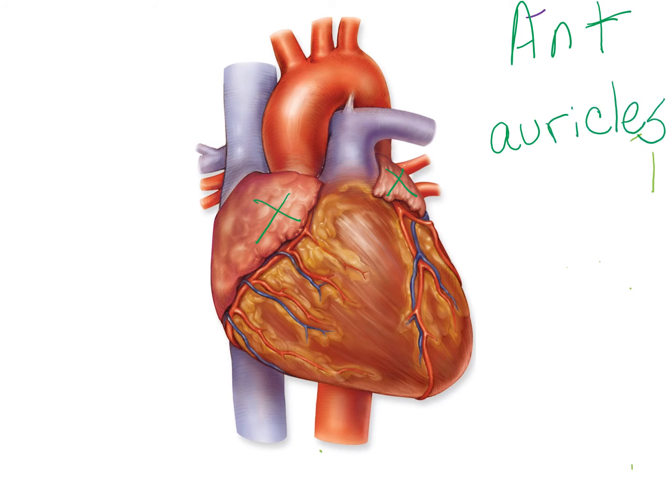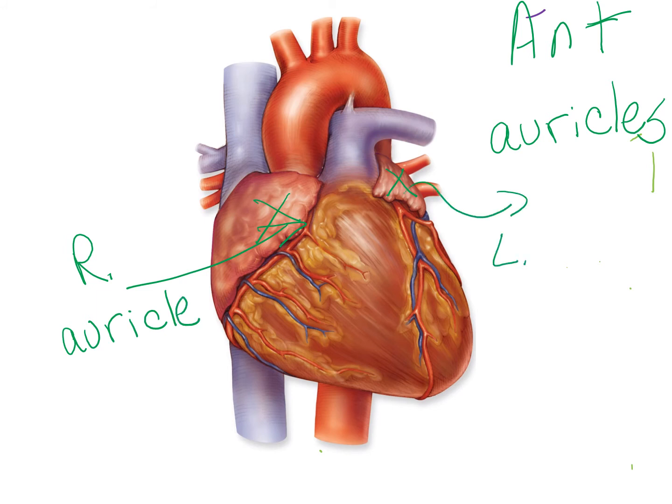And the auricles are just kind of wrinkly appendages of the atria. So you would say here is the right auricle, and here is the left auricle.